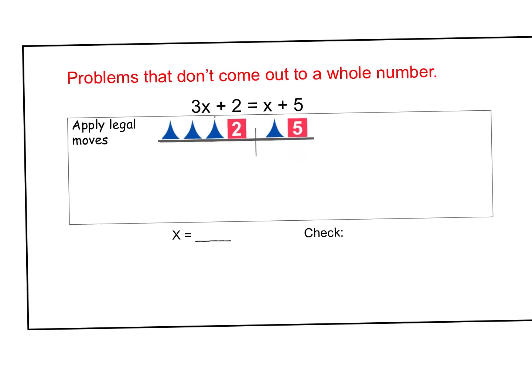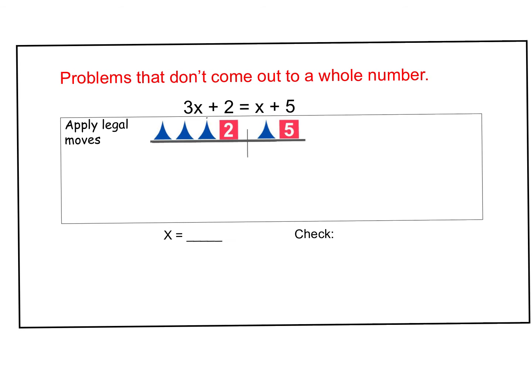All right, so just kind of looking at an example here. We have 3x plus 2 is equal to or the same as x plus 5. So we're going to go ahead and apply all the legal moves that we can. I'm going to start by removing a pawn or a triangle from both sides. So now I have 2 triangles with 2 balanced with 5.